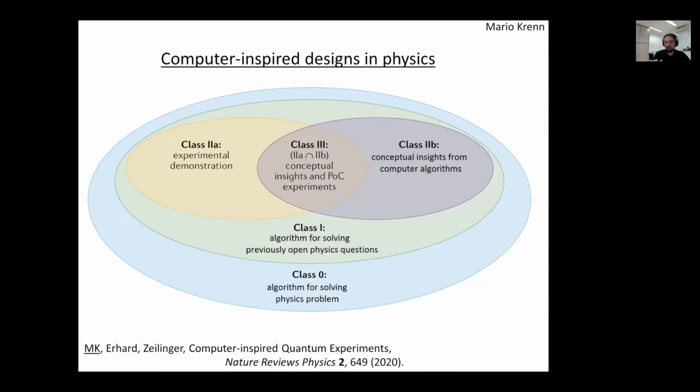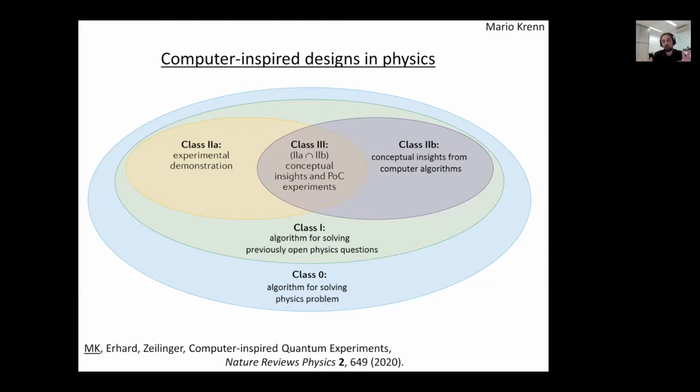On the other hand, as scientists, we even want more. We want to understand the solutions from our computer algorithms. So when a computer comes up with a solution, we don't want to accept it as a black box. We want to understand the concepts and the underlying ideas of the solutions. This is what we call class 2B algorithms, where humans can actually learn new physics or new concepts from algorithms.